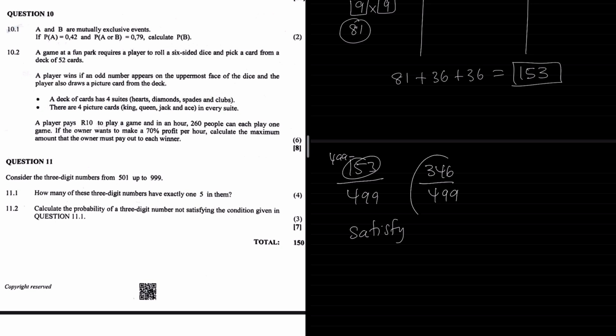So 346 out of 499 do not have exactly one 5 in them.